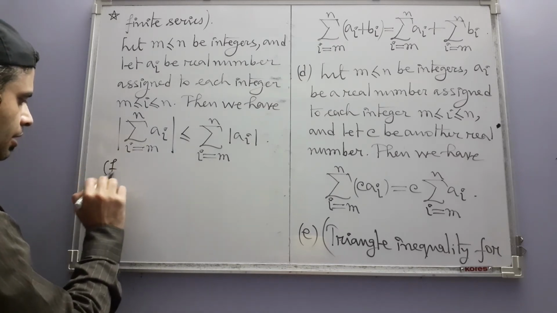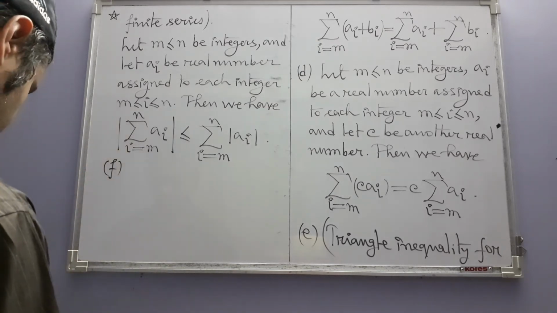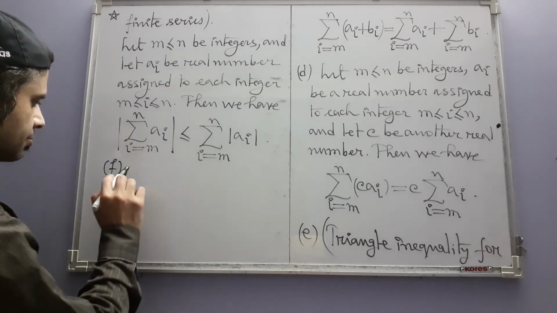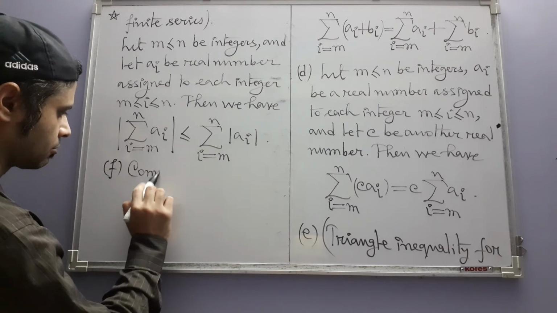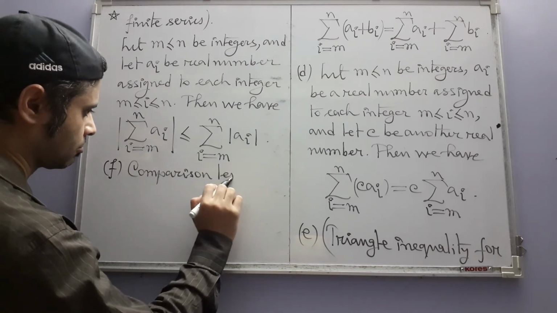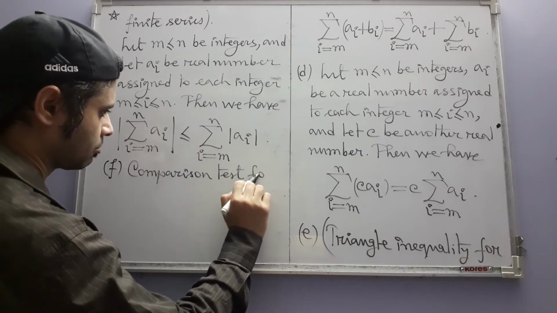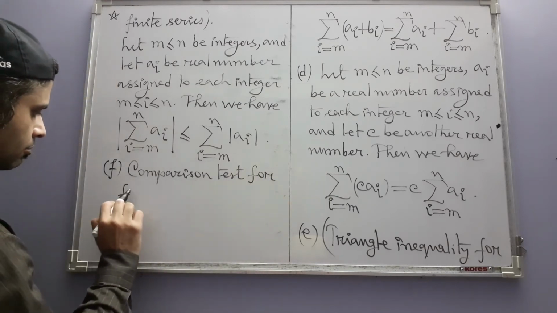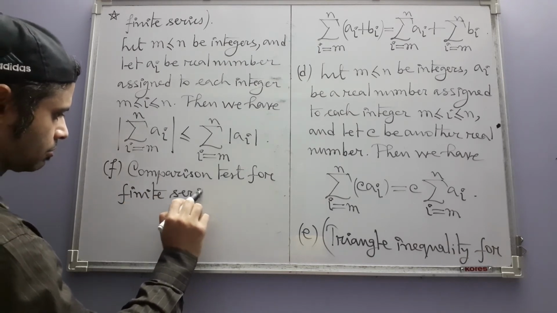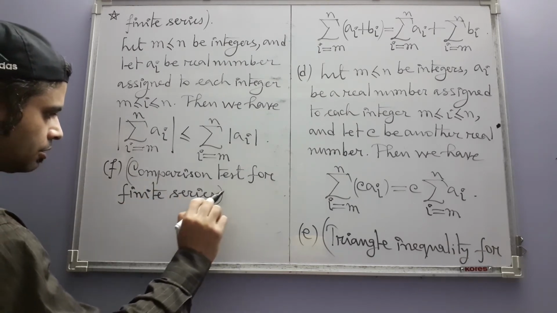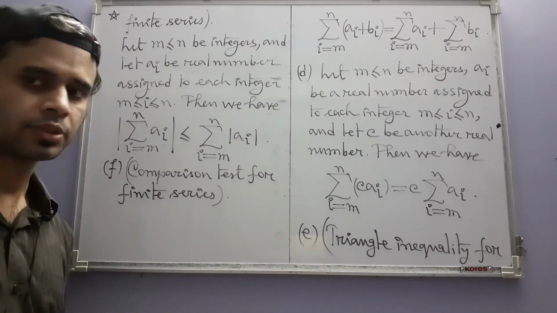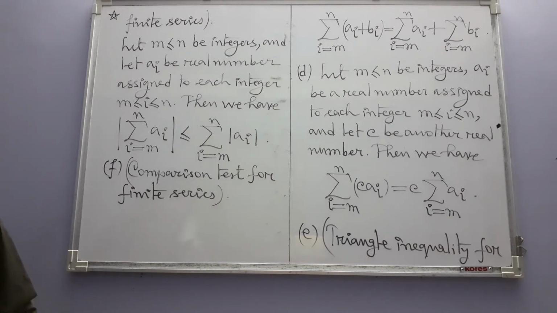And then there is one more, which is the comparison test for finite series. These names may seem somewhat useless, given that we already know a lot about these things.